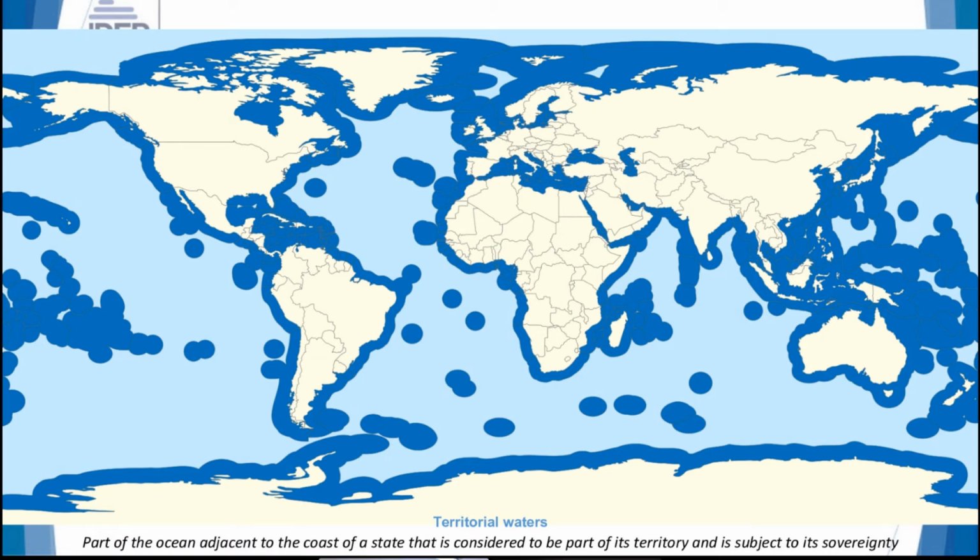One thing important to remember is the territorial waters. Land is not only the land in the strict sense of the word within the national territory, it also includes part of the ocean, part of the ocean which is adjacent to the coast and which is part of the territory of coastal countries.